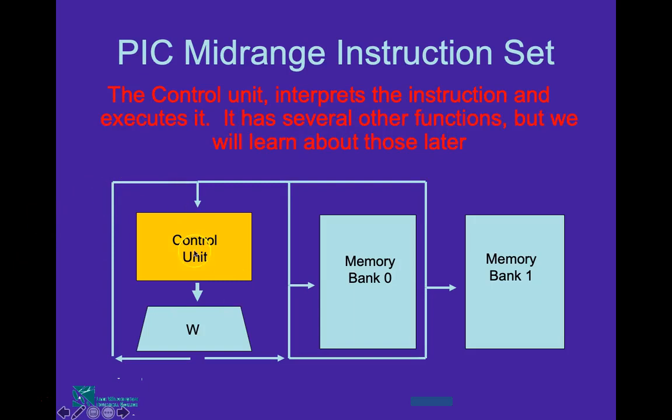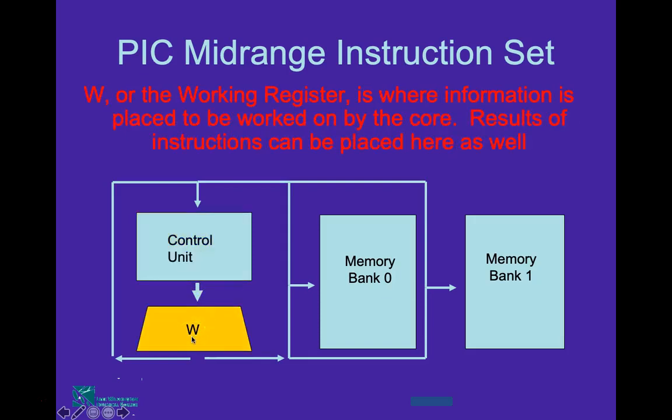And then you have this working register directly connected to this control unit. In this working register, the information is basically placed to be worked on by the main core processor, and the results of instructions can be placed here as well. So you can say that if you have a code you're working on, then that information is basically saved into this working register.